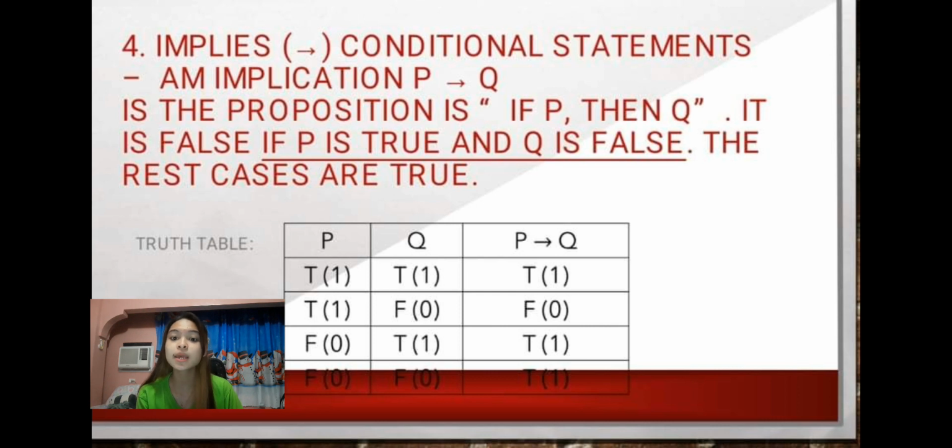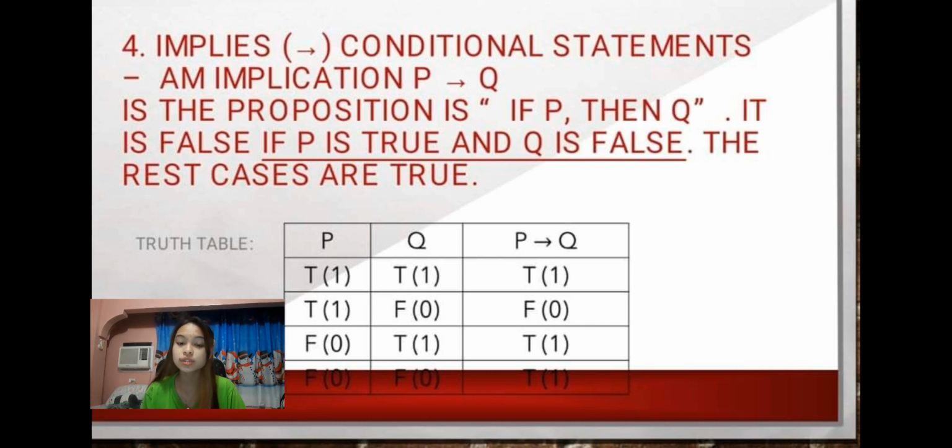So the next is implies, the conditional statement. An implication P right arrow Q is read as if P then Q. It is false if P is true and Q is false. The rest of the cases are true.